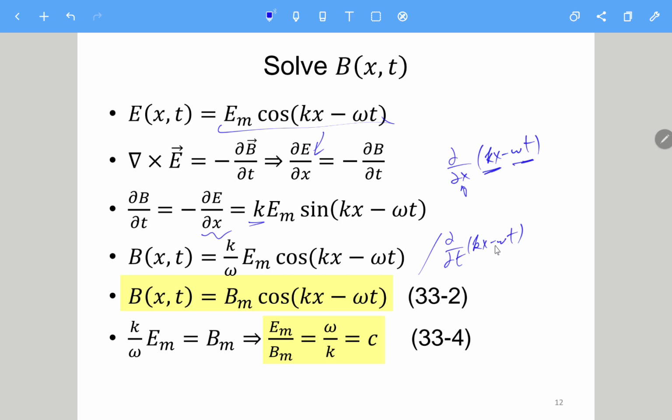Negative omega t, partial t, so we have negative omega. So this negative sign cancels with the negative sign from here. So finally we have a positive sign, and then we have omega in the denominator, due to this one. Okay, so finally we get this one.